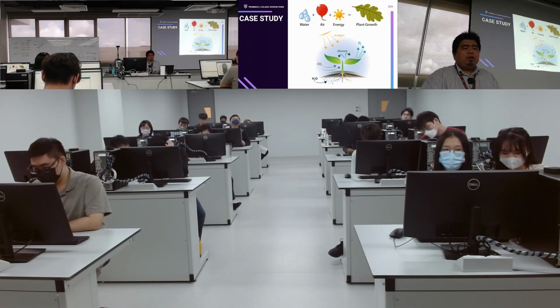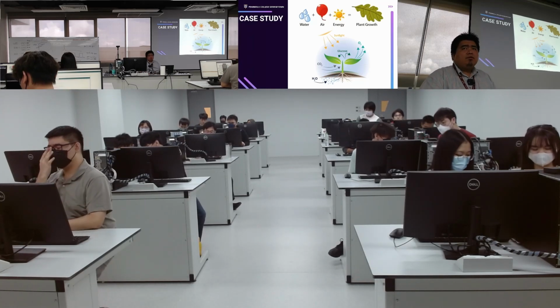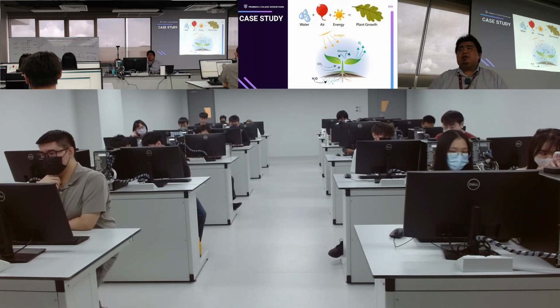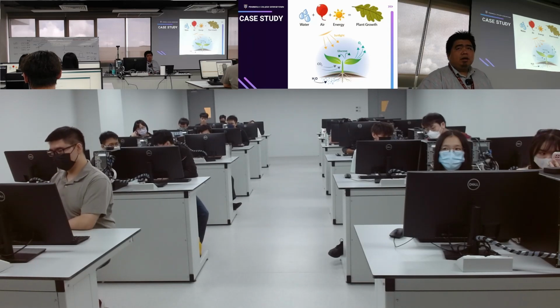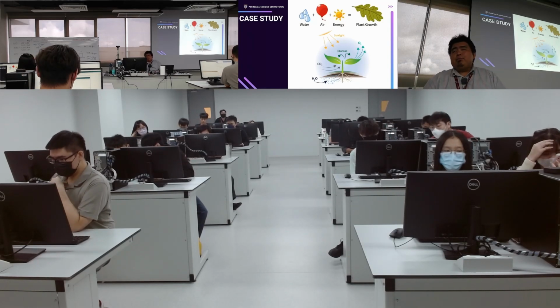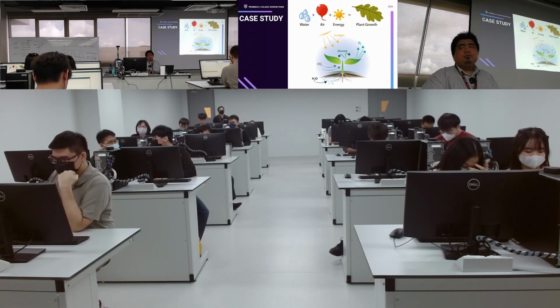Let's say that you want to measure the wind, you need a different type of sensor. It depends on your application, what kind of element you want to measure. If you want to measure the humidity or the temperature, it has its own sensor, right?